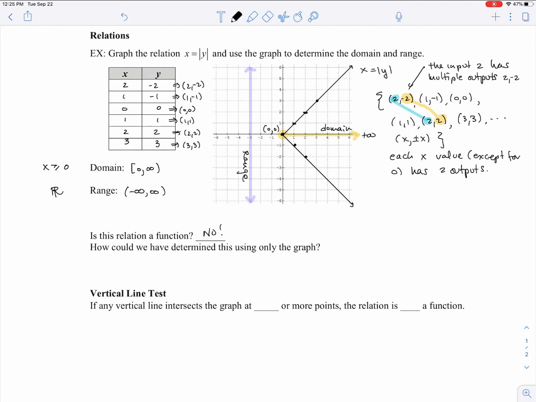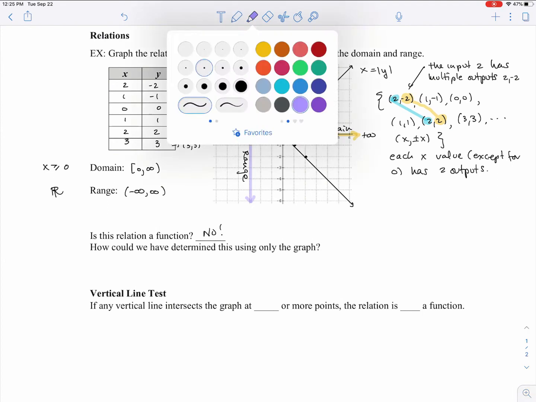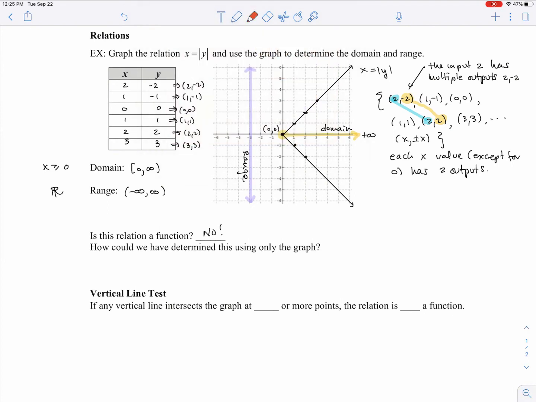Then it says, how could we have determined that this was not a function using only the graph? Well, the idea there is what's called the vertical line test. If I draw any vertical line, and that vertical line intersects the graph in more than one location, as it seems to be doing here, then this is directly checking for the definition of a function.